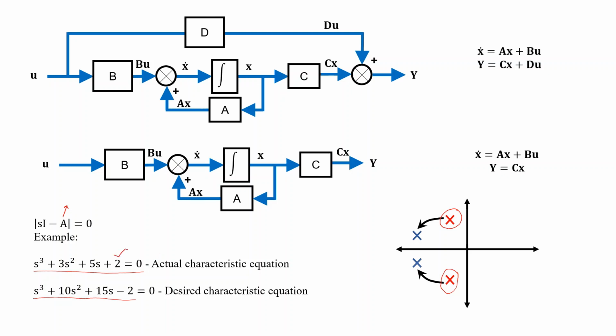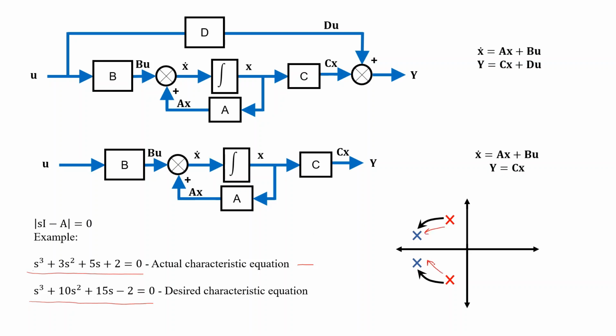Changing the characteristic equation means changing the system matrix A, and changing the system matrix means changing the poles of the system. So this comes under pole placement, where we are shifting the poles of the system to get this characteristic equation instead of this characteristic equation.